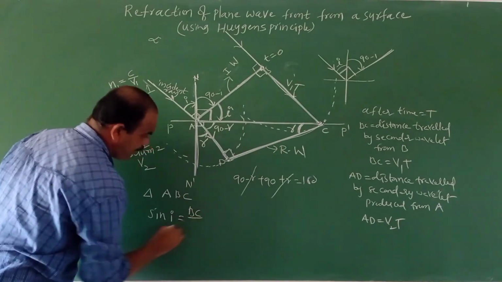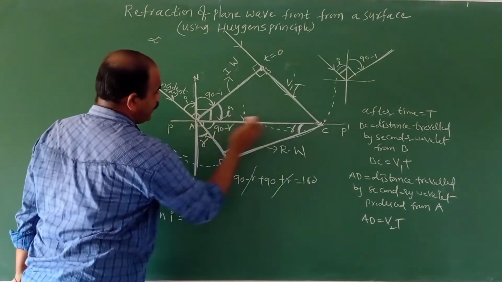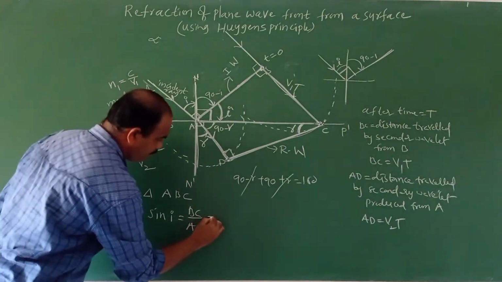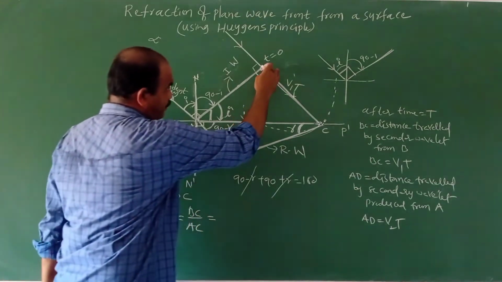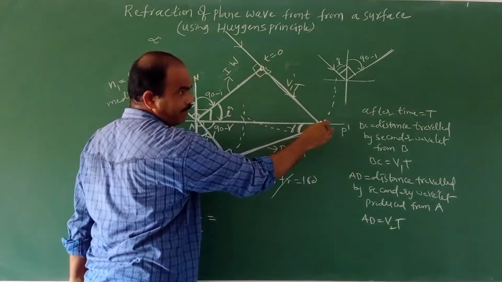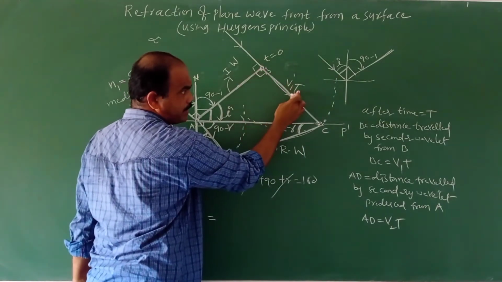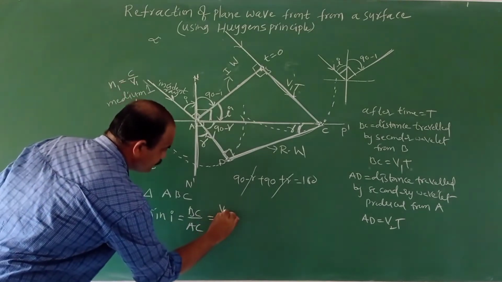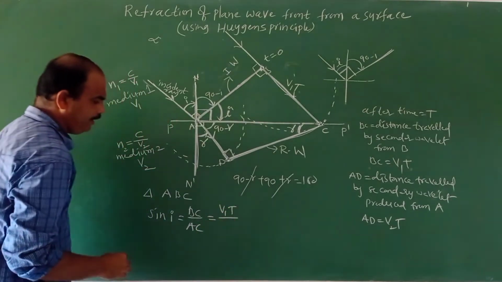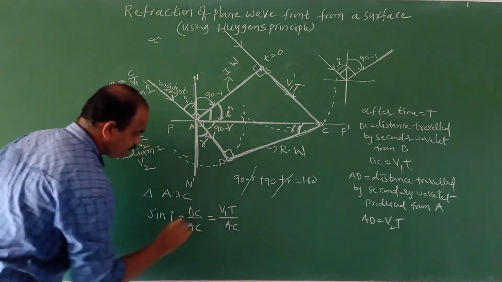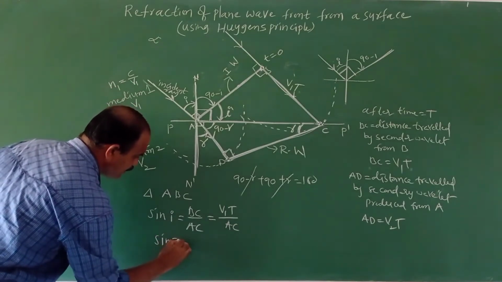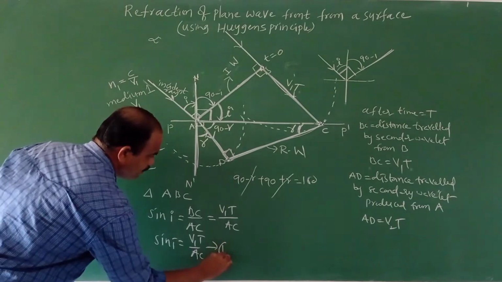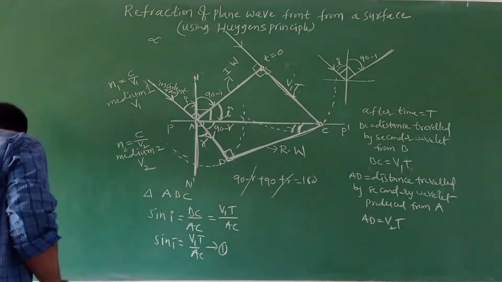And the hypotenuse is AC. BC is the distance traveled by the secondary wavelet produced from B in time t. So BC is v1t, and sine i is equal to v1t by AC. Consider this equation 1.